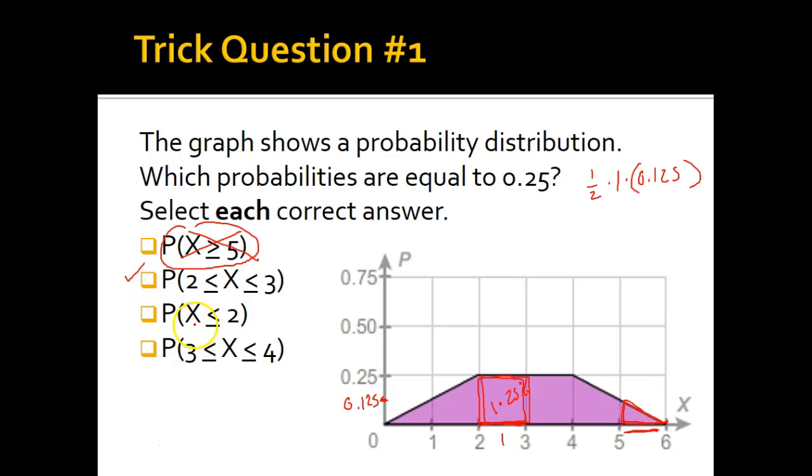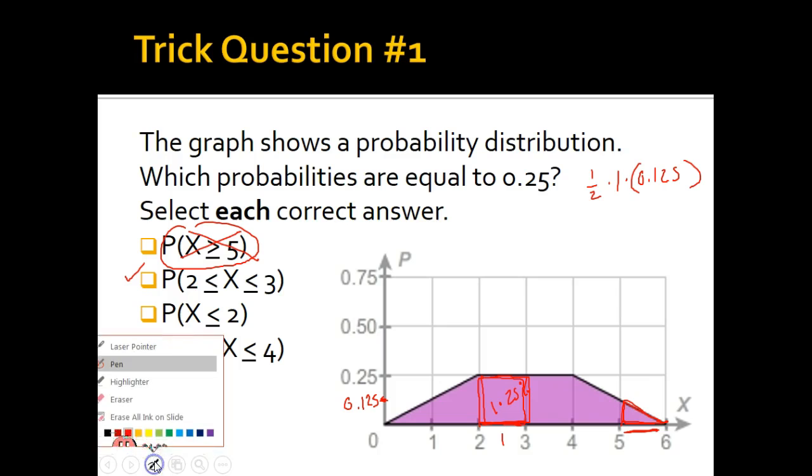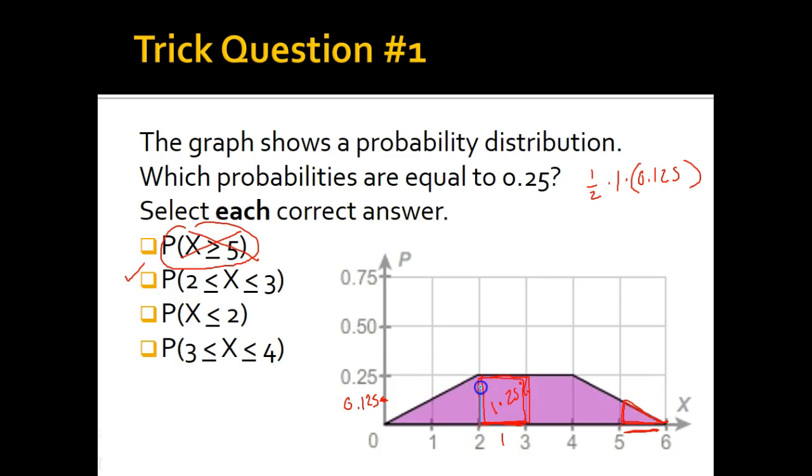Okay, how about the probability x is less than or equal to 2? Let me do a different color here. So this time we're taking the other side of 2, so 2 on down, that's this triangle right there. Now this is a triangle, so we're going to use the triangle formula. 1/2 times the base, which is, this time the base is 2 squares wide, so 1/2 times 2, times the height.